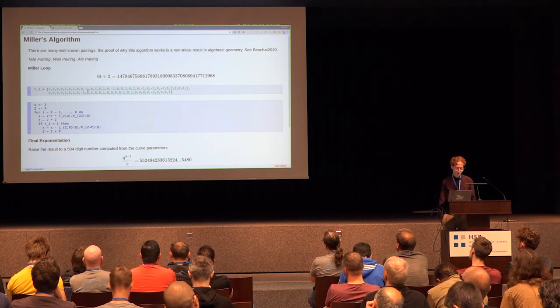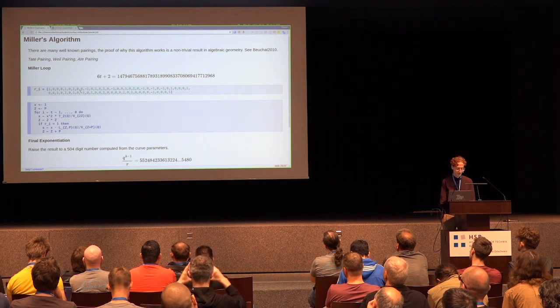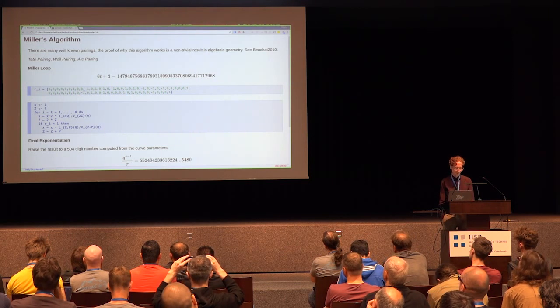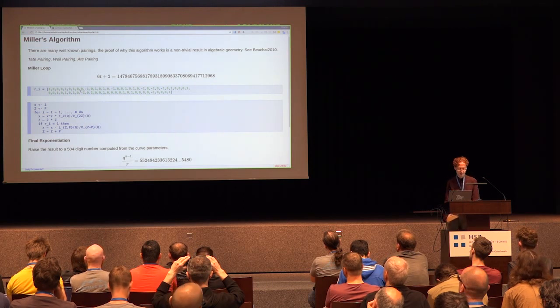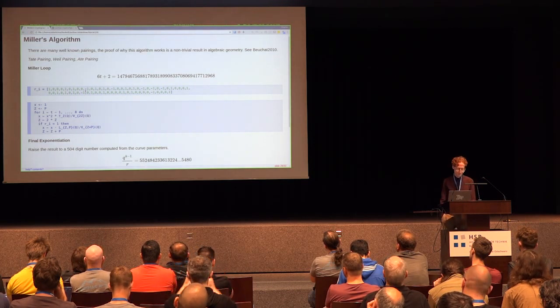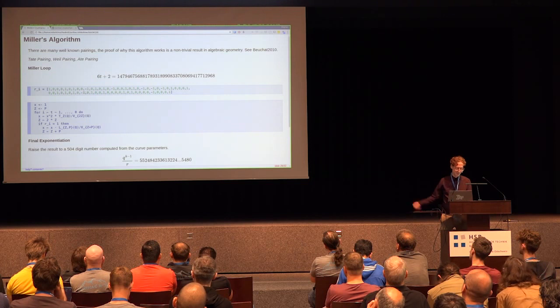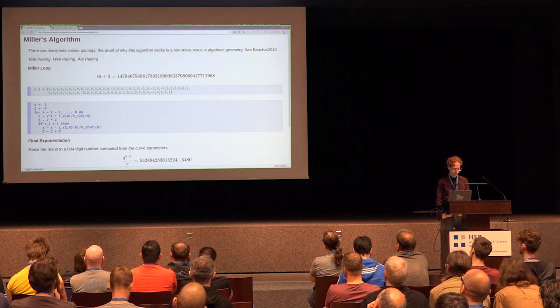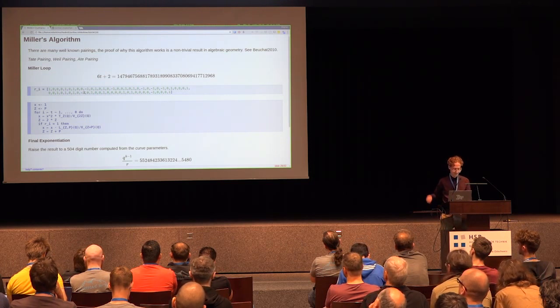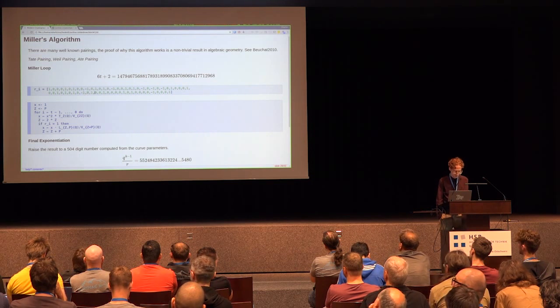So at the heart of this algorithm is what's called the Miller loop, which is a recursive relationship over a specific mapping on the group to itself that can be iterated over again to produce this bilinear mapping.